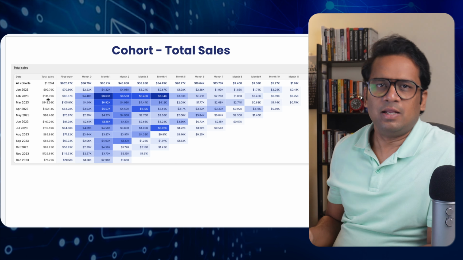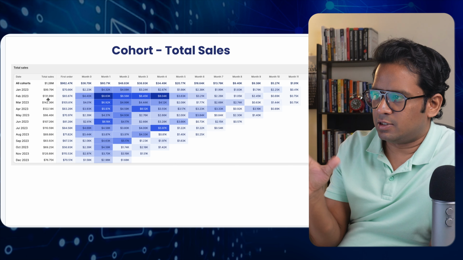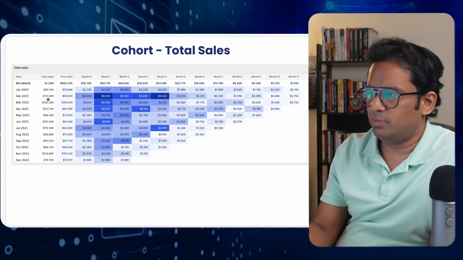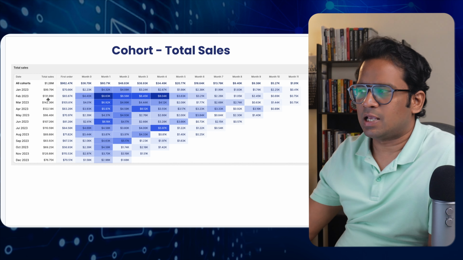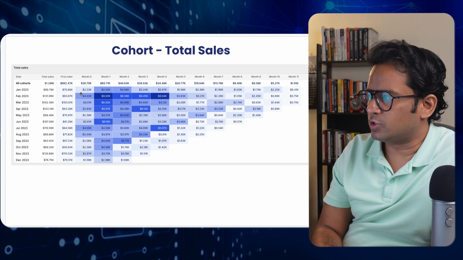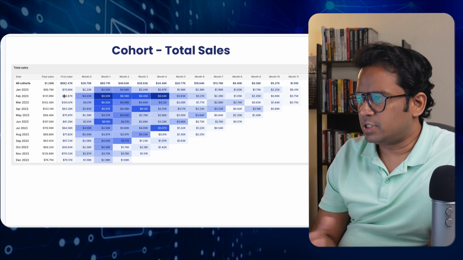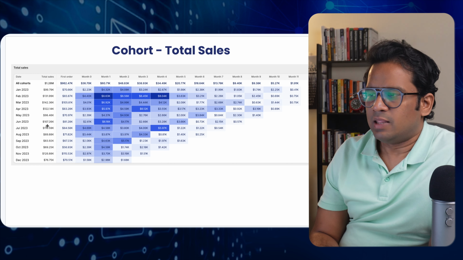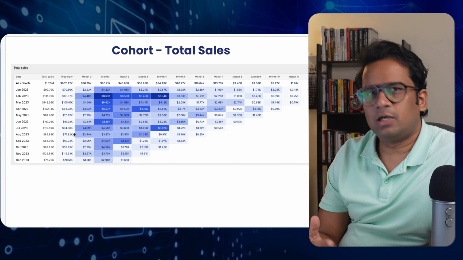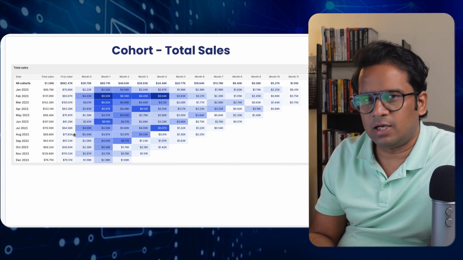So that's the power of retention: the first month was 80,000, but in the subsequent 6 months, I think the main retention is happening within 6 months, you are able to add 50K on the same customer. That's not very strong, but that's a good indicator of retention.